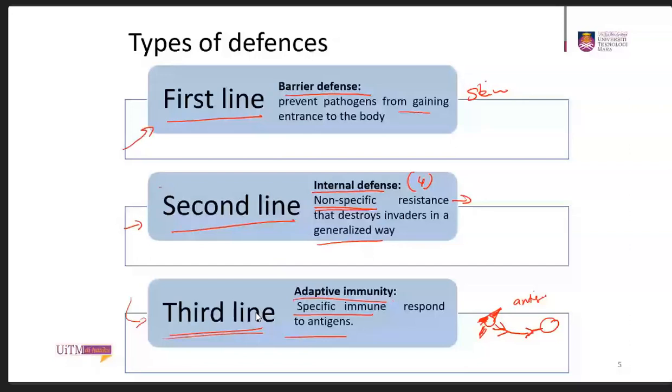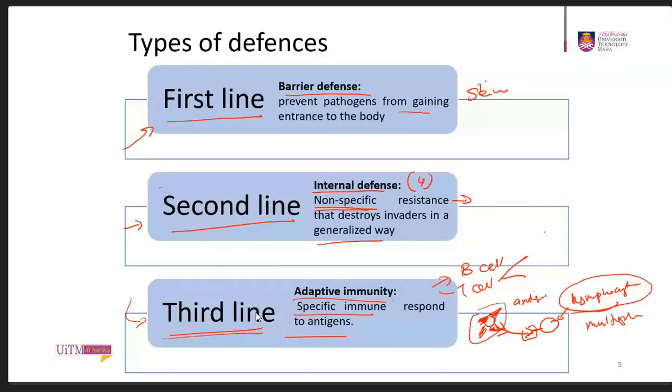There are two types of T cell. We have helper T cell, and we have cytotoxic T cell. So these are the cells that are involved in the third line defense.